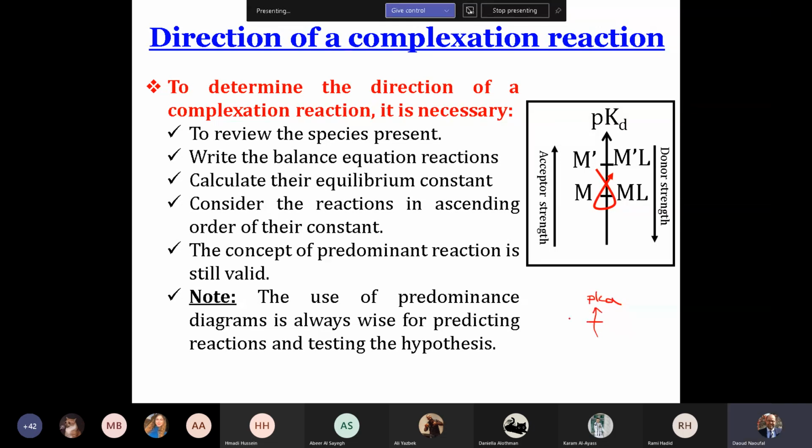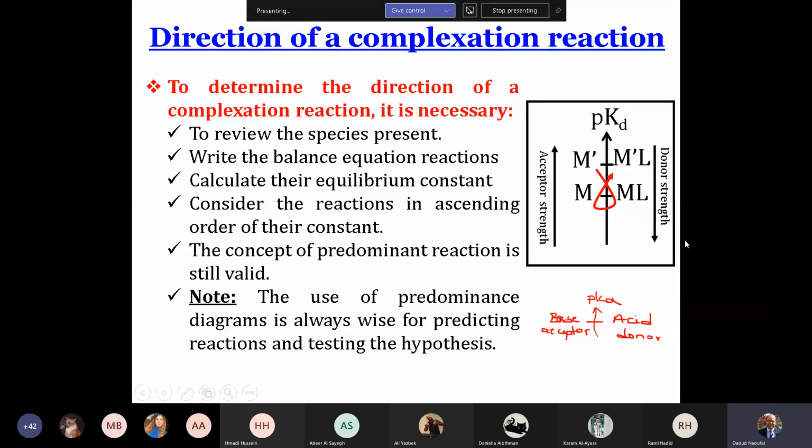On the left, we put the base. On the right, we put the acid. So the base is acceptor, the acid is the donor.